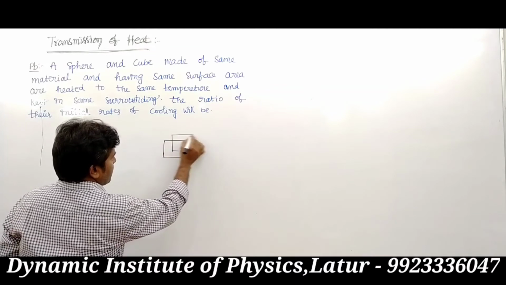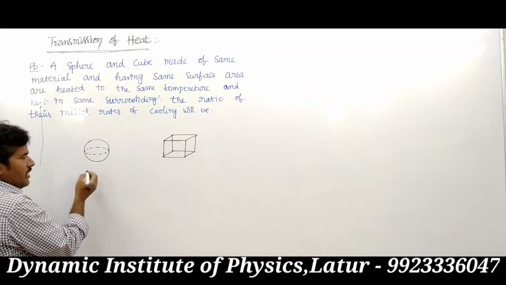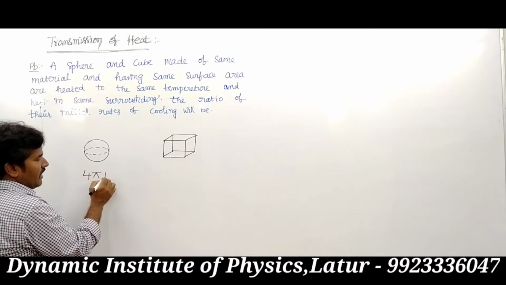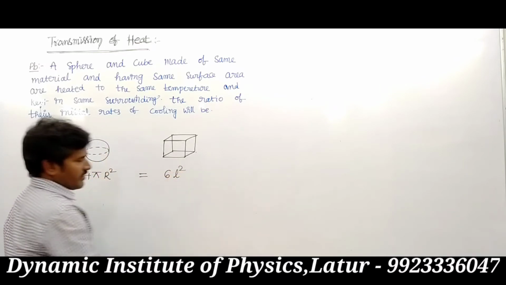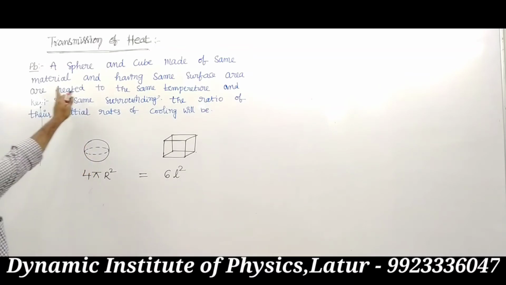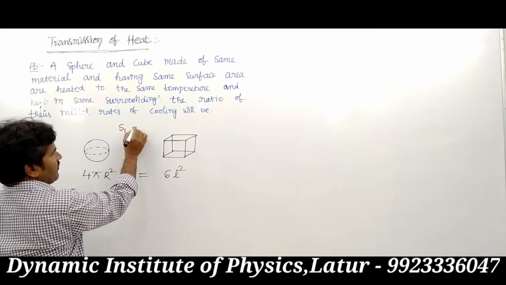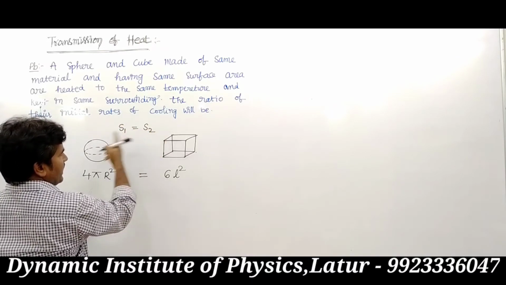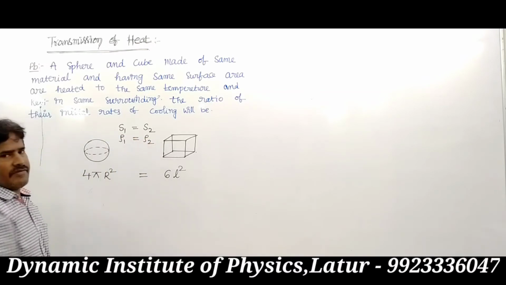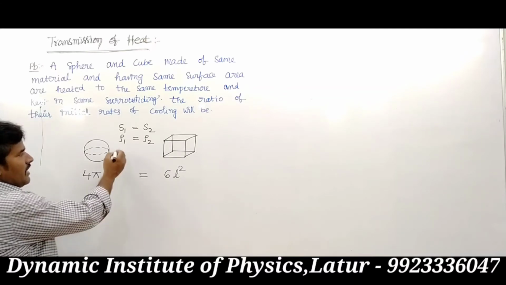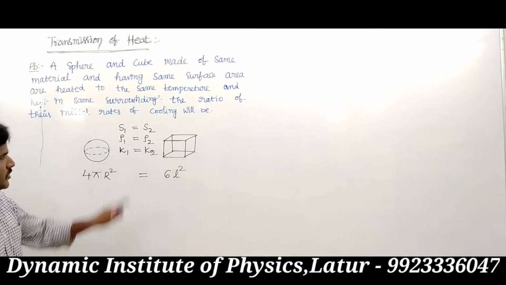The area of the sphere is 4 pi r square, and the surface area of the cube is 6 l square. Both are made of the same material, which means the same specific heat, S1 equals S2, the same density, rho 1 equals rho 2, and the same coefficient of thermal conductivity, K1 equals K2.